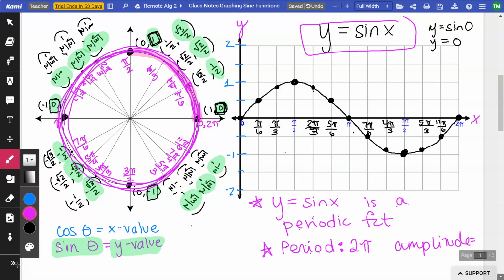Our midline is the x-axis here, y equals 0. The amplitude is the distance from that midline to the maximum, and from the midline to the minimum. This distance is 1, and this distance is also 1. So our amplitude is 1, and we have a period of 2 pi.